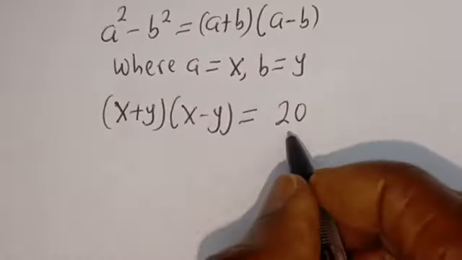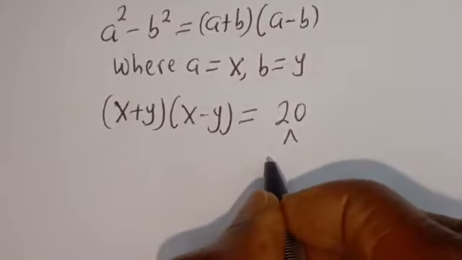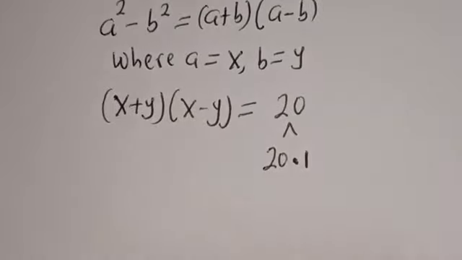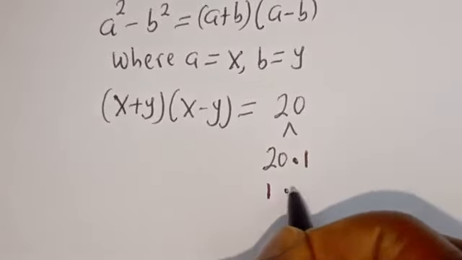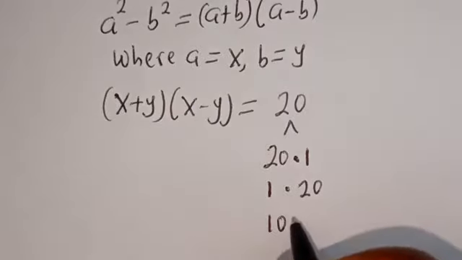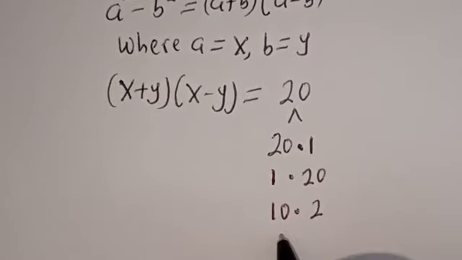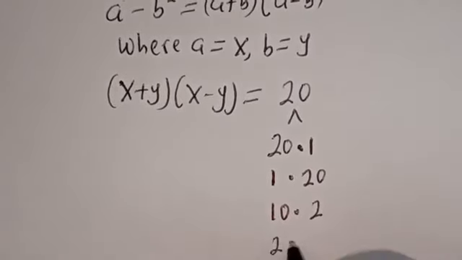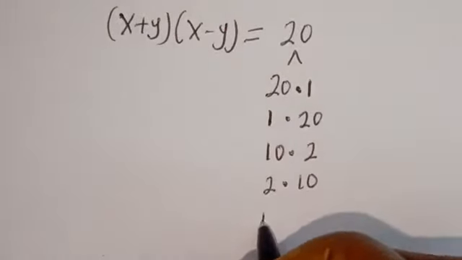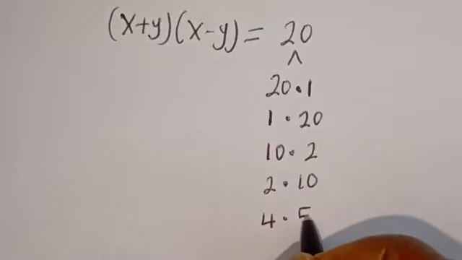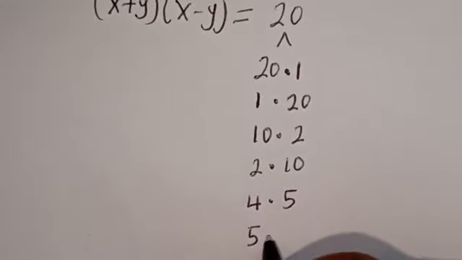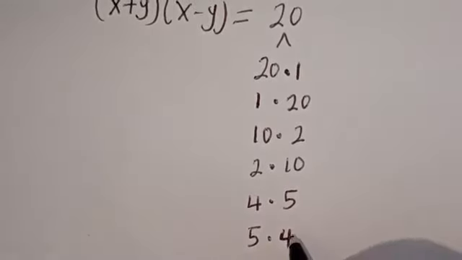The 20 is a product of 20 multiplied by 1, 1 multiplied by 20, 10 multiplied by 2, 2 multiplied by 10, 4 multiplied by 5, and then 5 multiplied by 4.